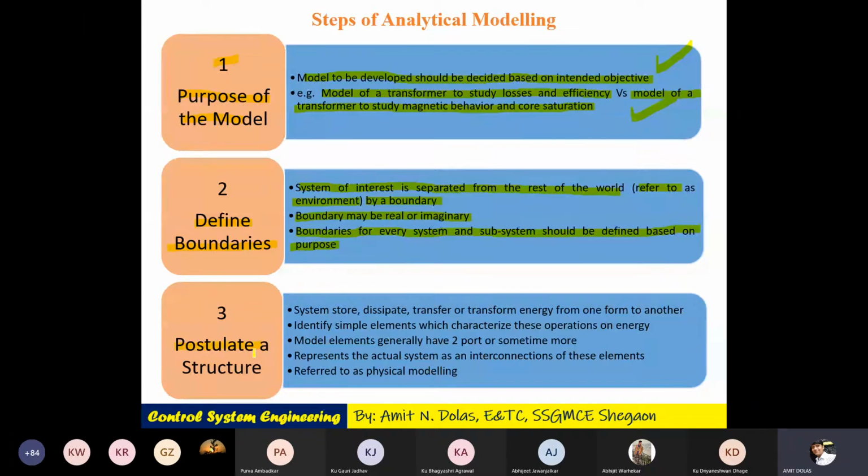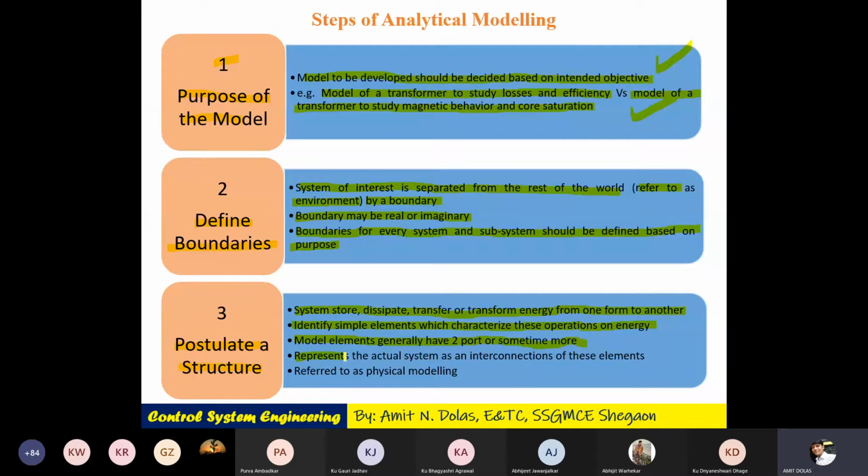Then postulate a structure: the system stores, dissipates, transfers, transforms energy from one form to another. Identify simple elements which characterize these operations on energy. Model elements generally have two ports, sometimes more, meaning input and output, and sometimes multiple inputs and multiple outputs.